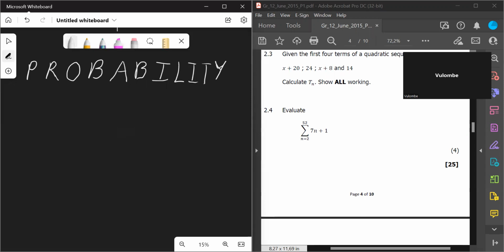Probability. Yeah, this is correct. Okay, given the word probability, Question A is: determine the number of different ways that the letters can be arranged.